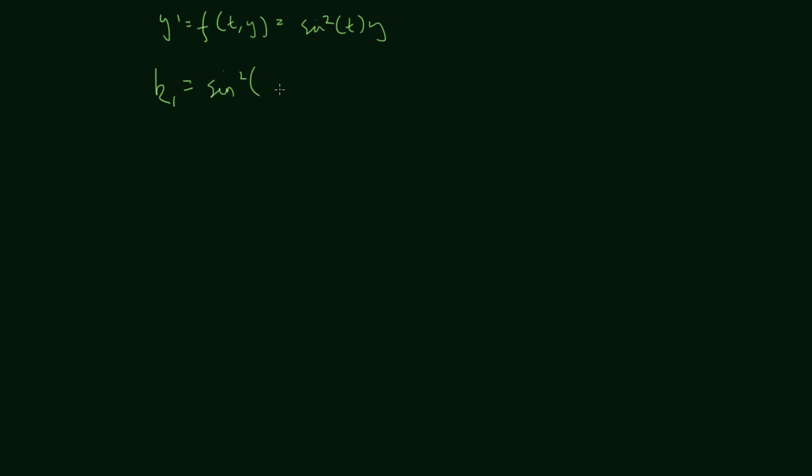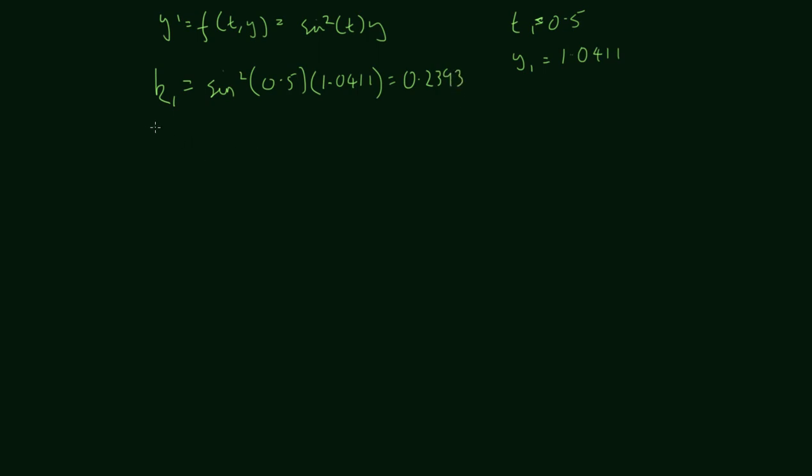Now this time t is 0.5, and that's multiplied by y, which we just calculated in the first step to be 1.0411.